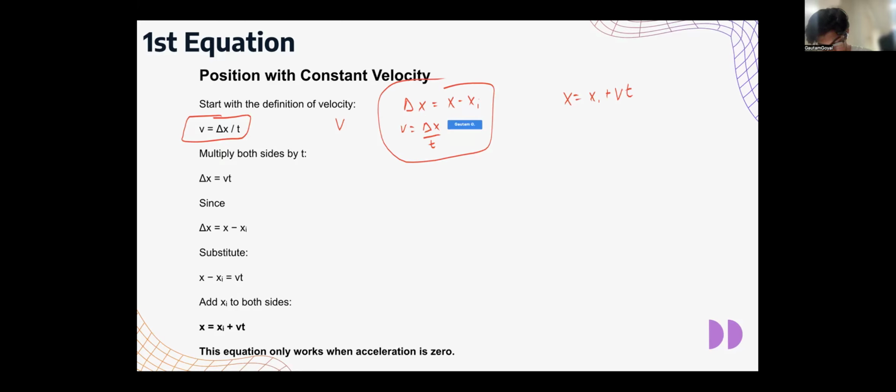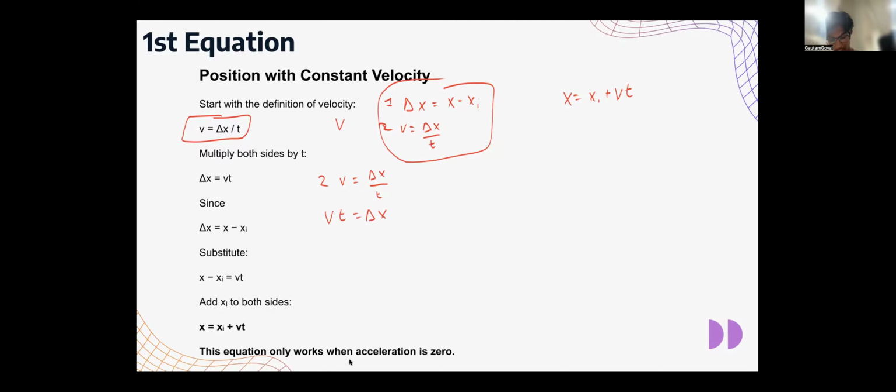So let's start by using this. I'm going to label these 1 and 2, so I can just refer to them as 1 or 2, right? So using the second equation, v is equal to change in x over t. We can multiply each side by t to get v times t is equal to delta x, the change in x, right?